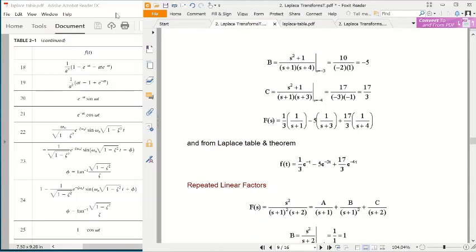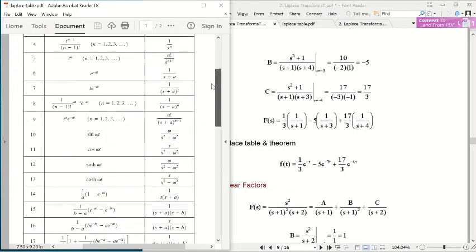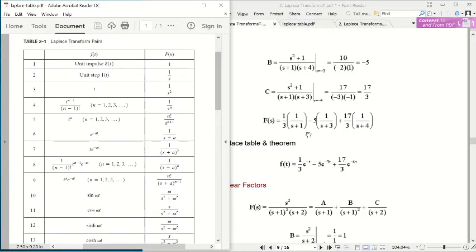After you get this partial fraction expression, you go to the Laplace table and look for these functions. For example, the first one, 1 divided by s plus 1, looks like 1 divided by s plus a. In this case a equals 1, and we know that in time domain this will be e to the power of minus at.